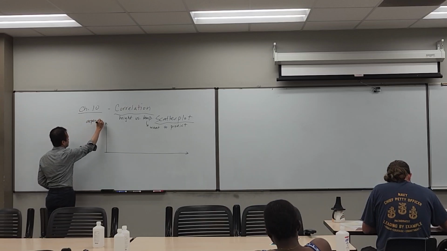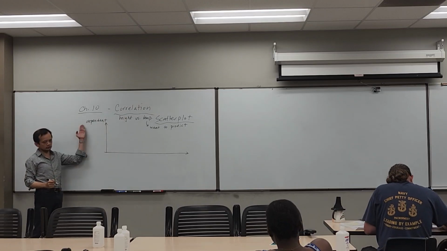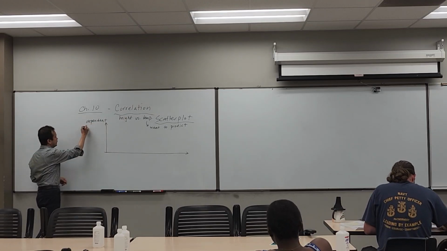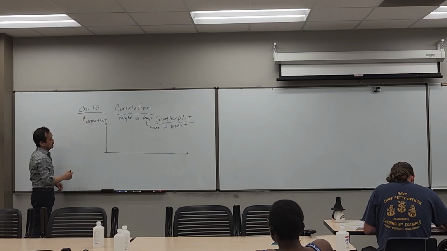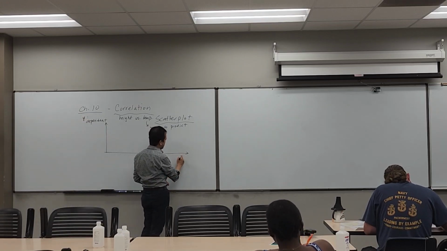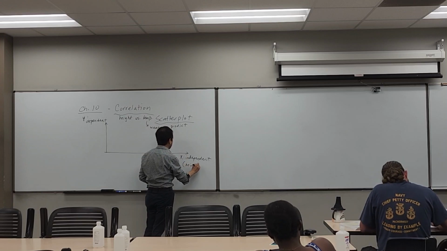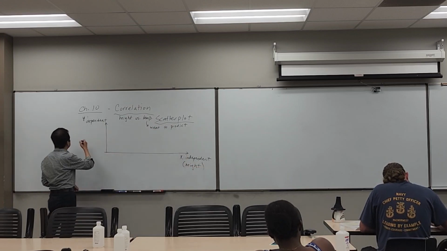This should sound familiar from algebra. The dependent variable goes on the y-axis, so this will be the y variable. The other variable, the x variable, will be the independent variable. In this case, it will be height.